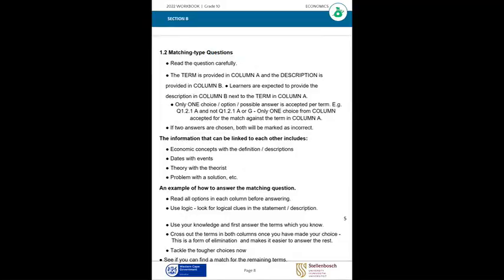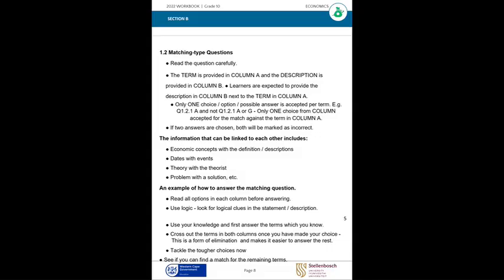Right. Now we're going to move over to section B. Actually, we're still busy with section A, but now we're busy with 1.2, which is the matching type questions, right? This is where you will be given a table, so you have to read the question very carefully, right?